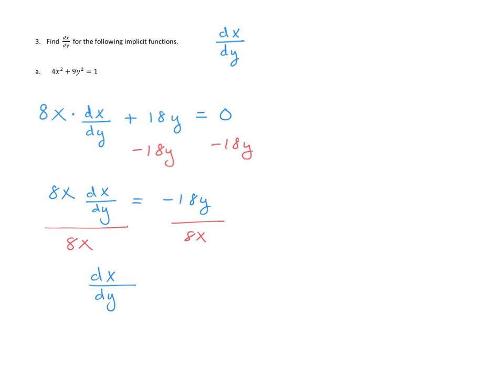Dx dy is equal to negative 18y over 8x. I see this can be simplified a little bit, so I guess I'll do that. Dx dy is equal to negative, 2 goes into 18 9 times. It goes into 8 4 times, and then this is my final answer.